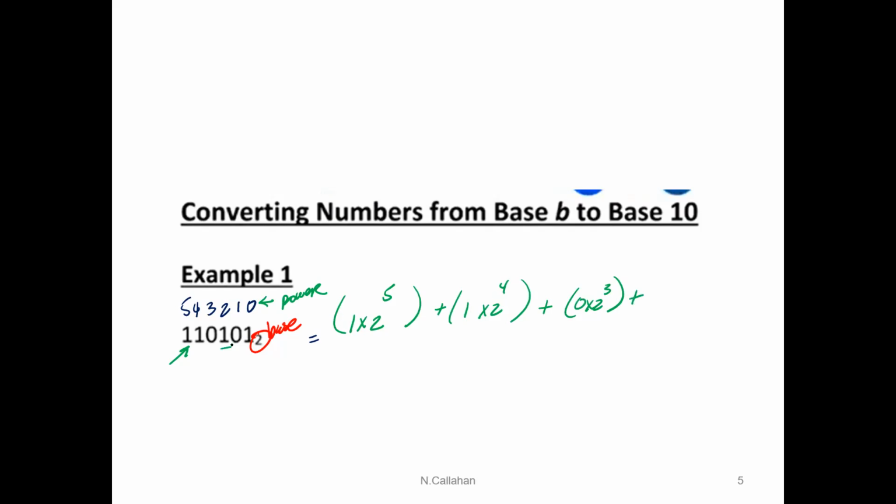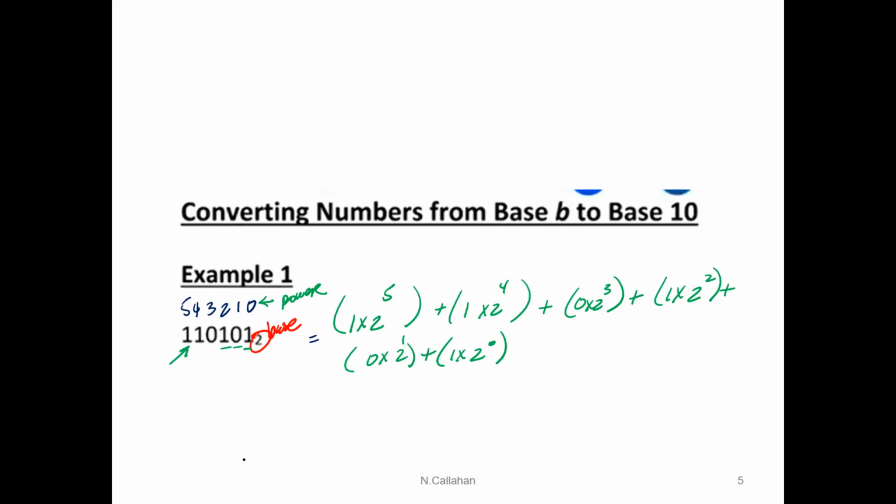Plus the next one is 1 times 2 to the 2nd power, plus 0 times 2 to the 1st power, and then the last one is 1 times 2 to the 0 power.